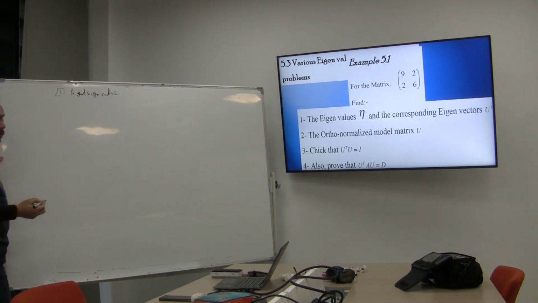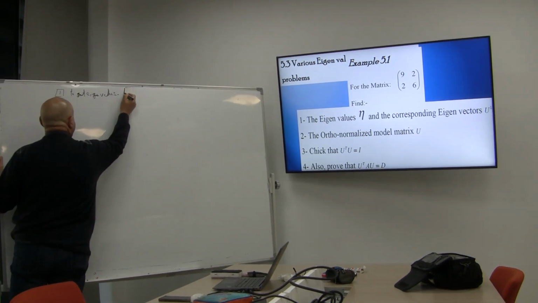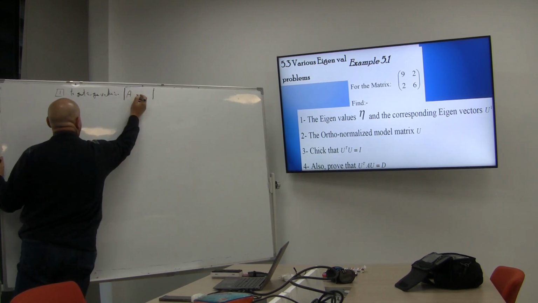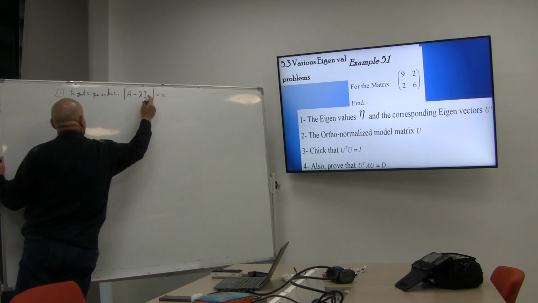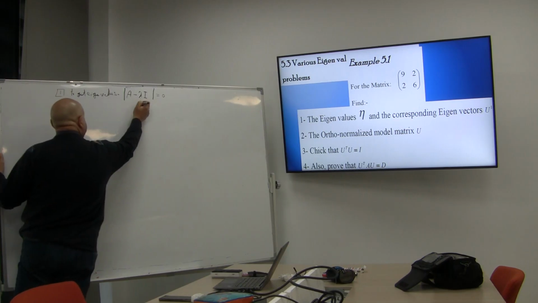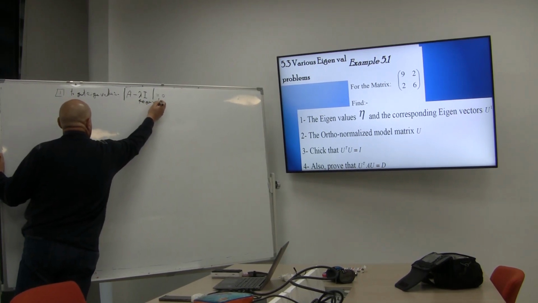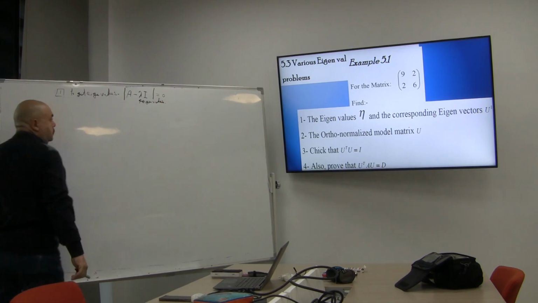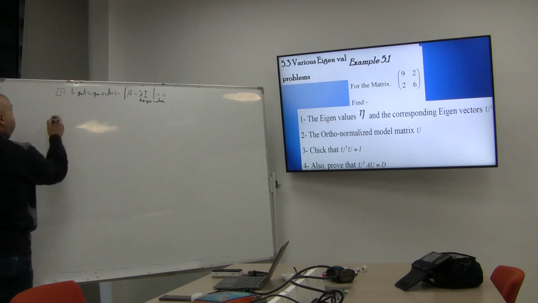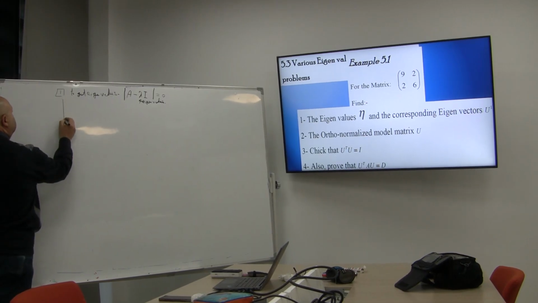So all I have to do is make a substitution in this form, which states that A minus lambda I equals 0, lambda or eta or whatever, where eta or lambda stand for eigenvalues. If I make this substitution with this matrix, it means I will deal with a determinant.